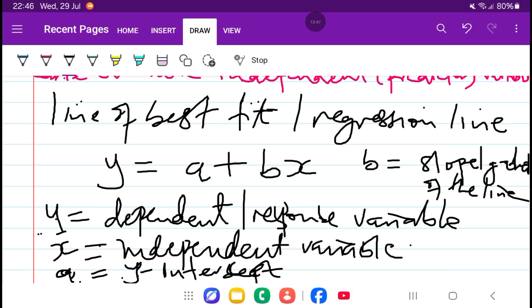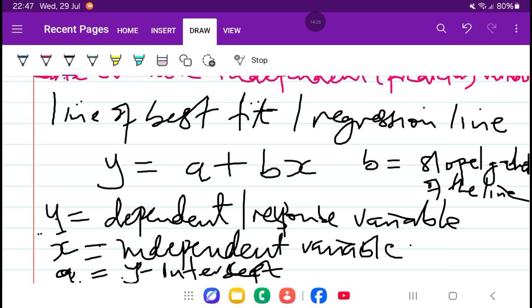Now, of course, as I told you, regression analysis is a statistical tool that is used in different areas, like economics, business, engineering, medicine, agriculture, education, finance, and even social science.